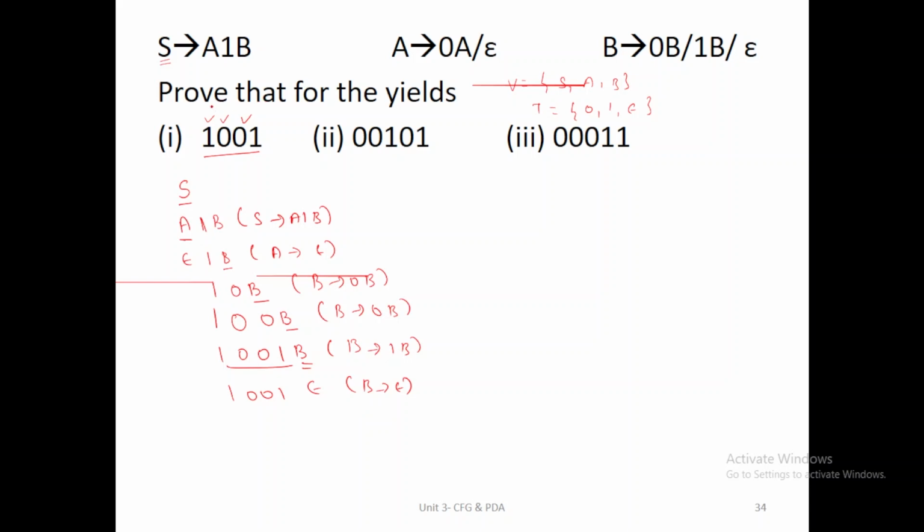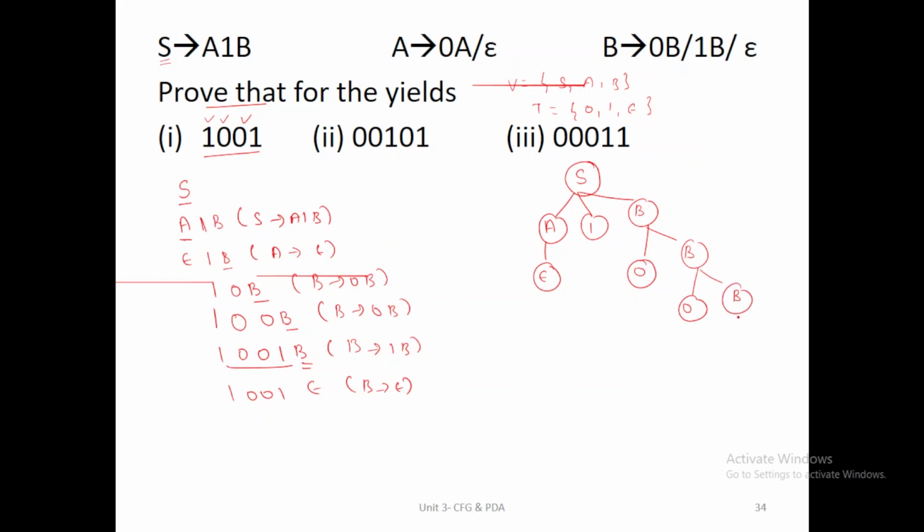So here the problem is to prove the yield. This is the derivation. From the derivation you should construct a parse tree. In the parse tree, the starting symbol, the root node, is S. Then it will be replaced as A, 1, B. This is derived from the second step. In the third step, A will be replaced as epsilon. In the fourth step, B will be replaced as 0B. In the fifth step, again B will be replaced as 0B.